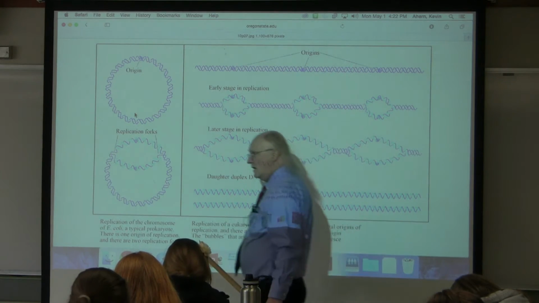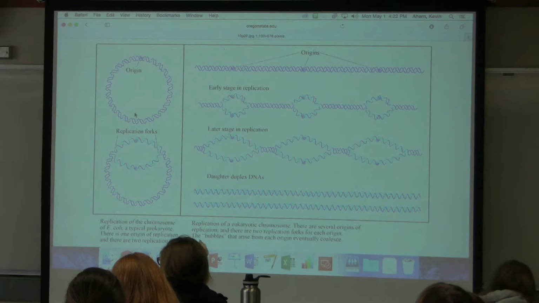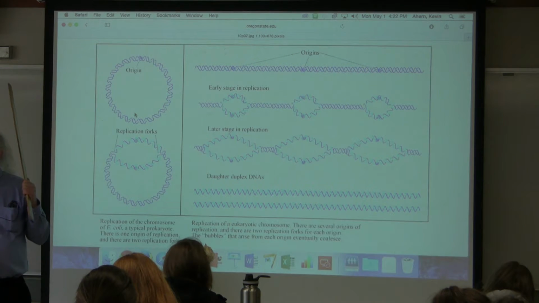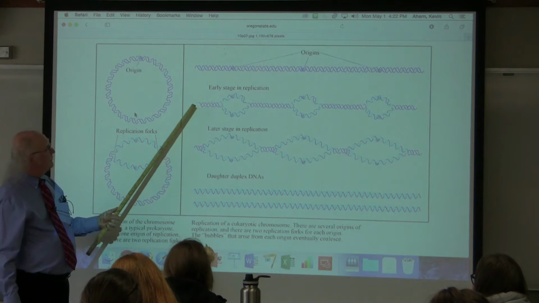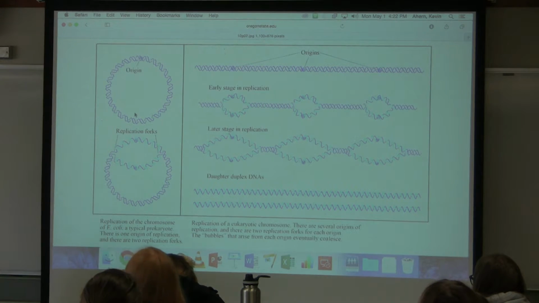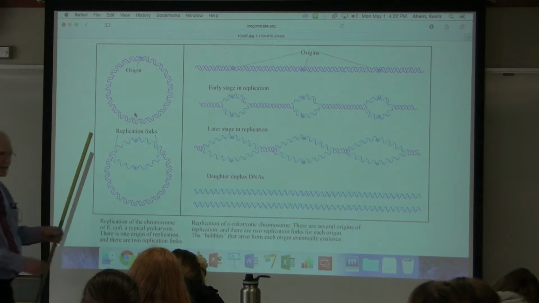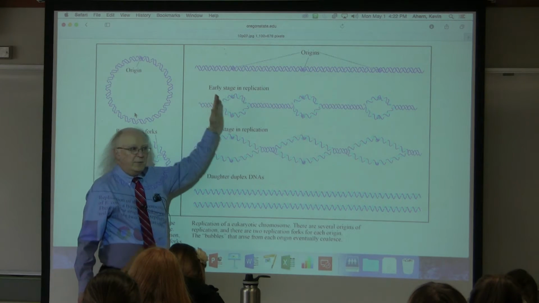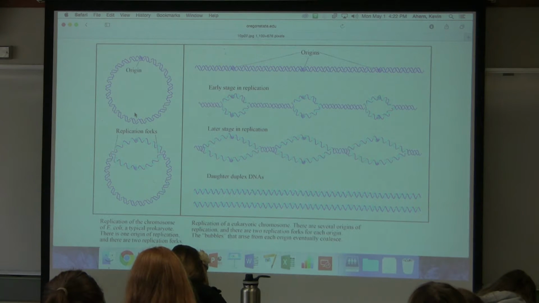Now, it turns out that there's something else that we'll talk about later that's unusual because of the way eukaryotes replicate their DNA. Eukaryotes have difficulty replicating the ends of the DNA. Every cell division of a eukaryotic DNA results in, and this may surprise you, loss of a little bit of the end of each eukaryotic DNA.